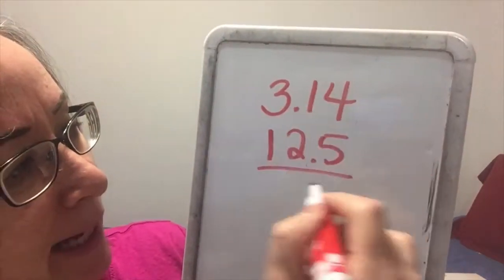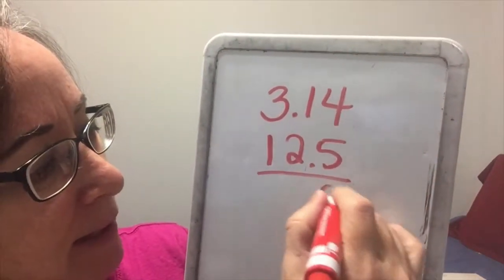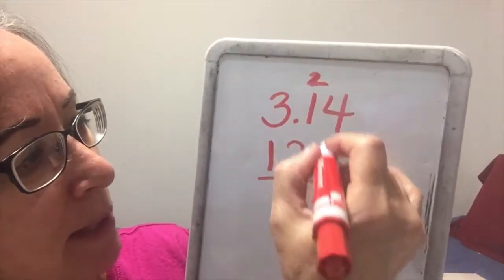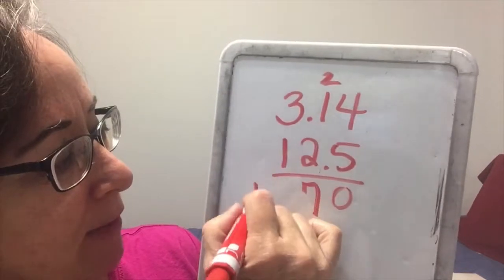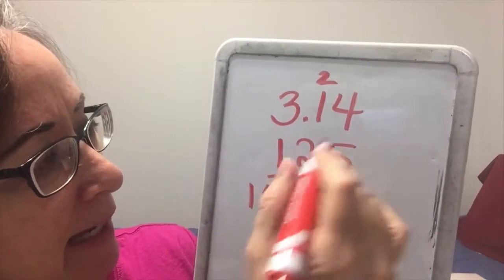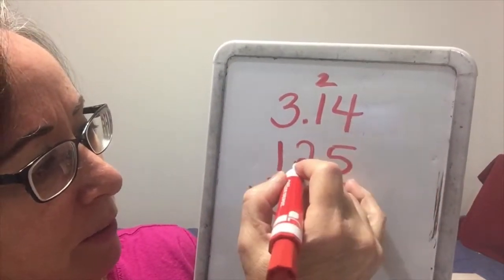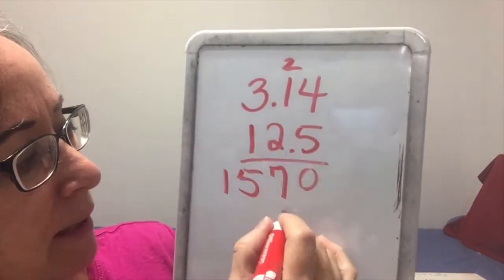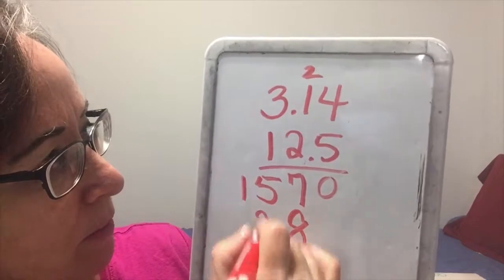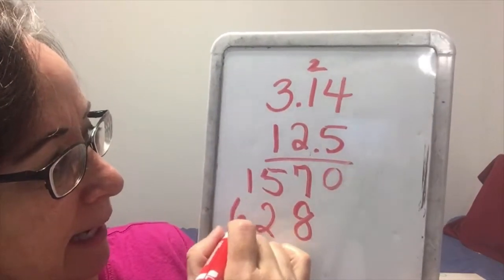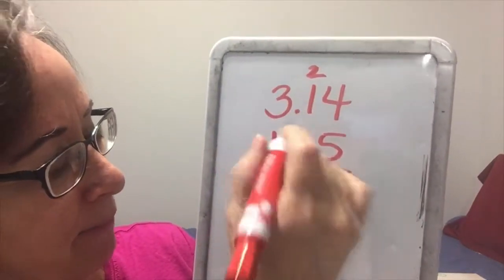So we have written it out. 4 times 5 is 20. 1 times 5 is 5 plus 2 is 7. 3 times 5 is 15. And now we're going to do the 2. So 4 times 2 is 8. 1 times 2 is 2. 3 times 2 is 6, and now we're done with everything except for the 1.